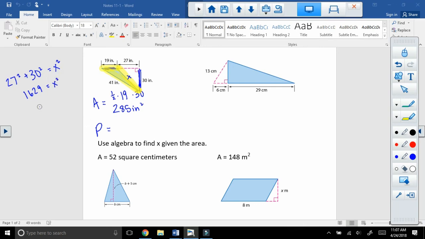Because this is not a final answer, let's get into the habit of writing 4 after the decimal place. Or even better, just leaving that number on your calculator, and then you can add in the other two sides. So add 19, add 41. The perimeter, when we round to the nearest tenth, would be 100.4, and that's going to be inches.